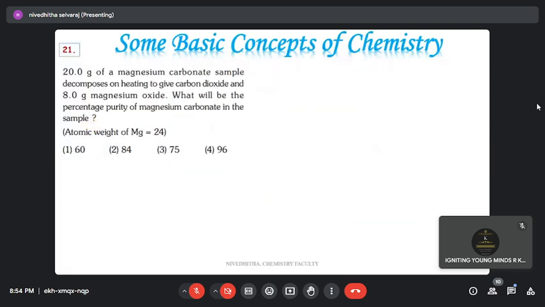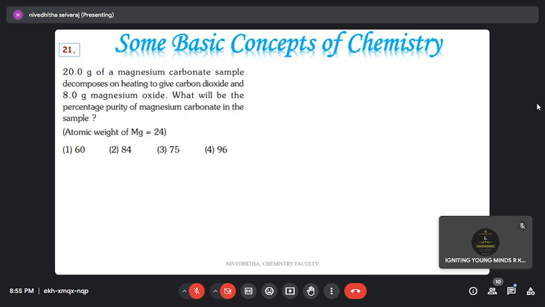Now, you just take this question as an activity. Take this question as an activity. Here, I'll read the question, okay? We'll understand the question and you can do it as your activity. So 20 gram of magnesium carbonate sample decomposes on heating to give carbon dioxide and magnesium oxide.